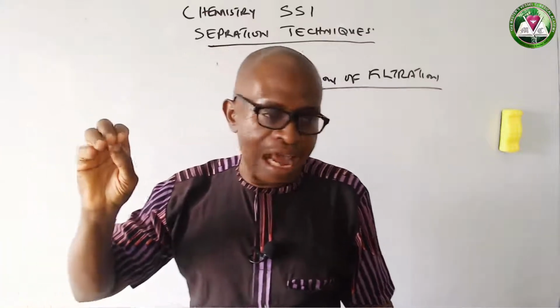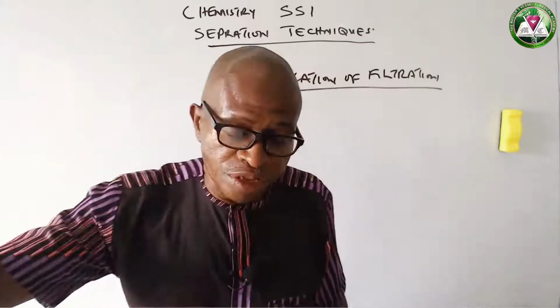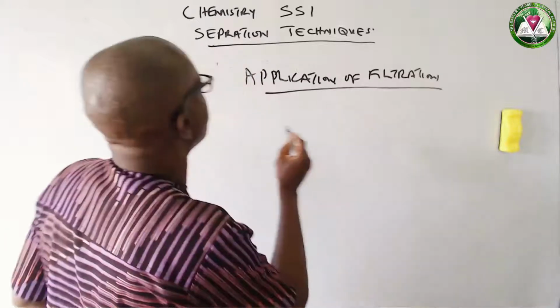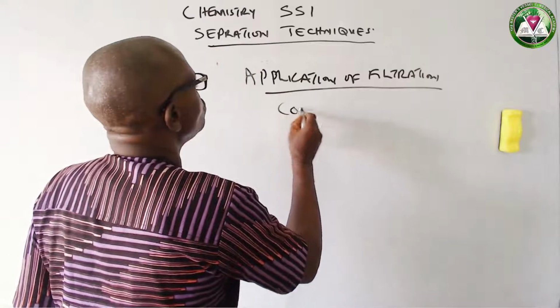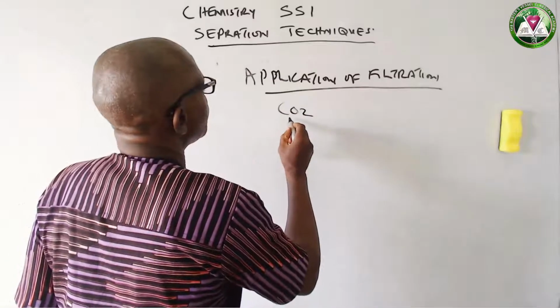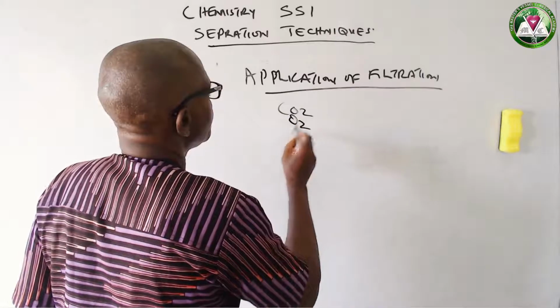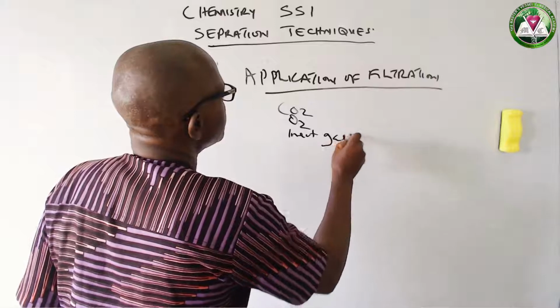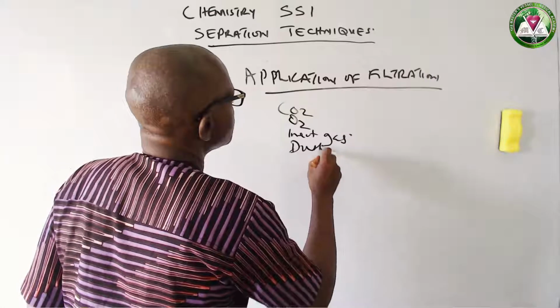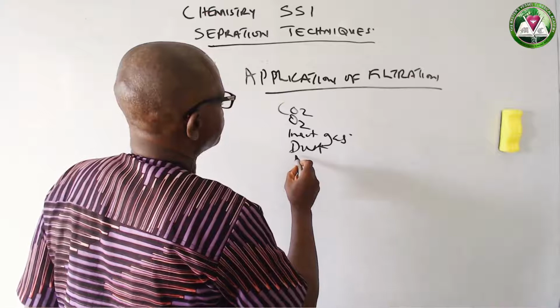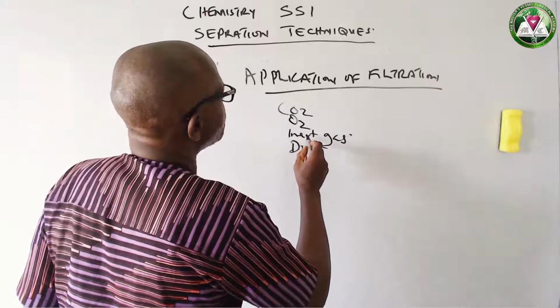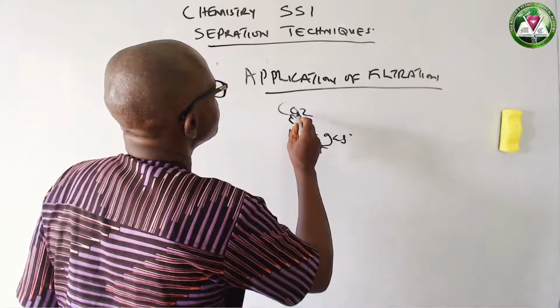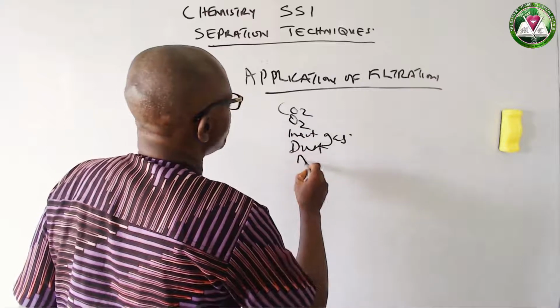You know that air usually contains CO2, oxygen, inert gas, dust, and nitrogen.